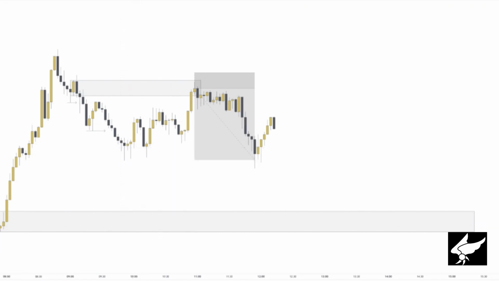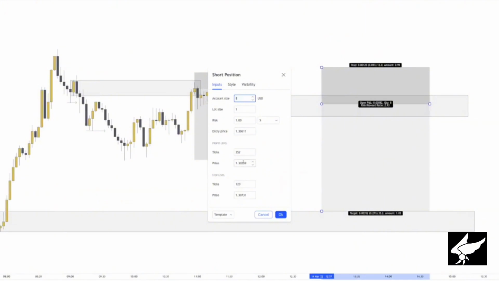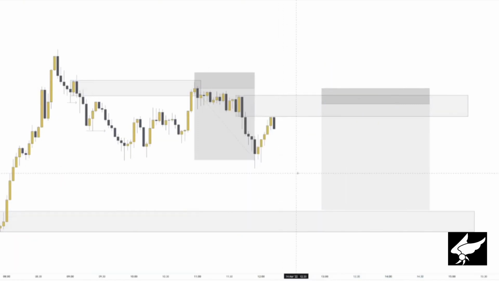So what I did was highlight that candle, drag out the rectangle tool, a little bit higher. I can't remember if this was a manual execution or what. Targeted down here. Something like that.